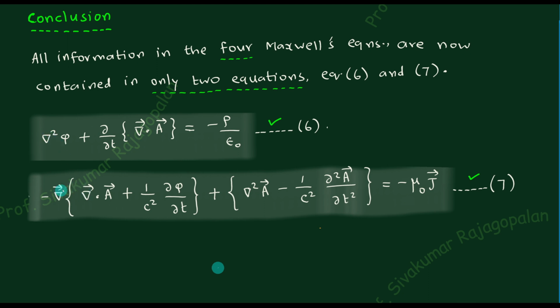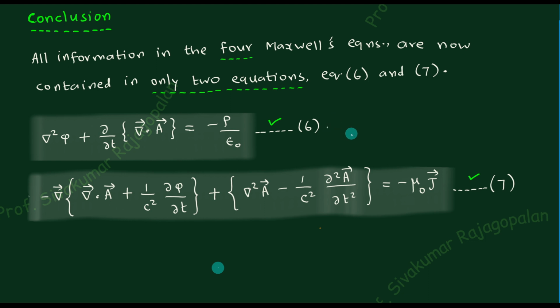This also is a gradient of gradient. Of course this term is 0, you forget that this term is going to 0. So here you have del square, a second order space derivative, a second order time derivative, and here one derivative for space, one derivative for time. So ultimately this differential equation is a second order differential equation. Therefore there is nothing wrong in saying that two equations contain all information from four equations, because of this particular point.